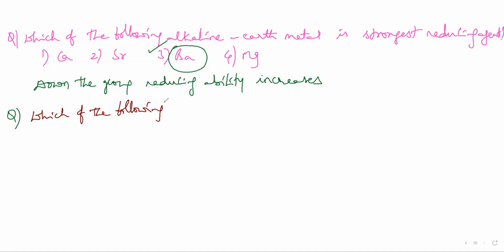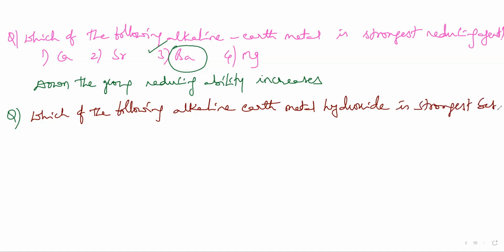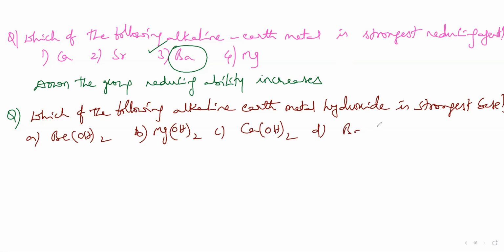Options given are A, beryllium hydroxide, B, magnesium hydroxide, C, calcium hydroxide, last one, barium hydroxide.